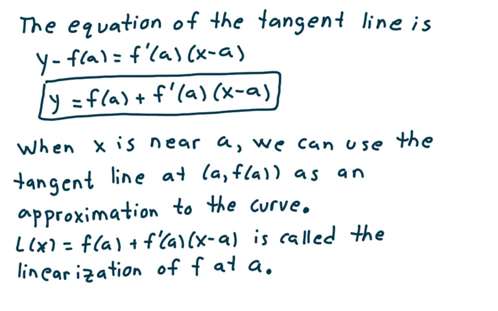And what I'm going to do is replace y in this equation up here with L of x. And when I do that, I get L of x is equal to f of a plus f prime of a times x minus a. And that's called the linearization of f at a.